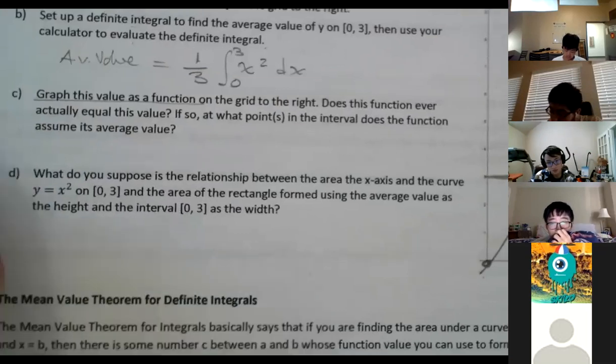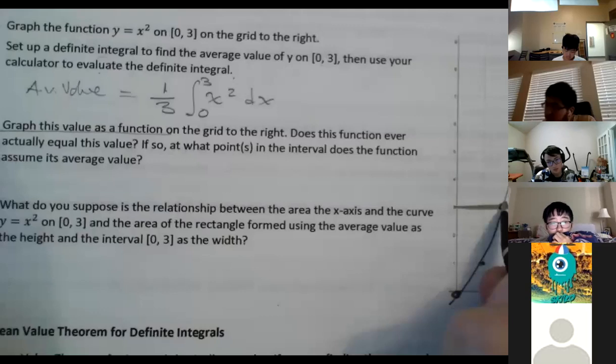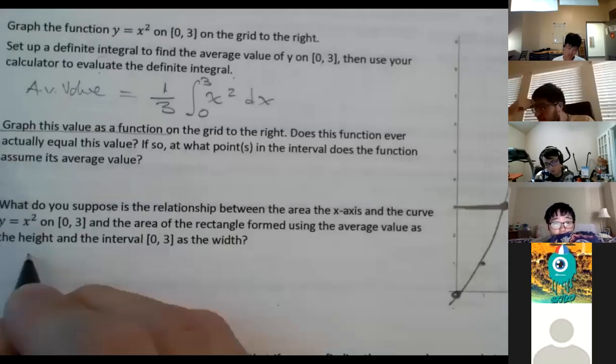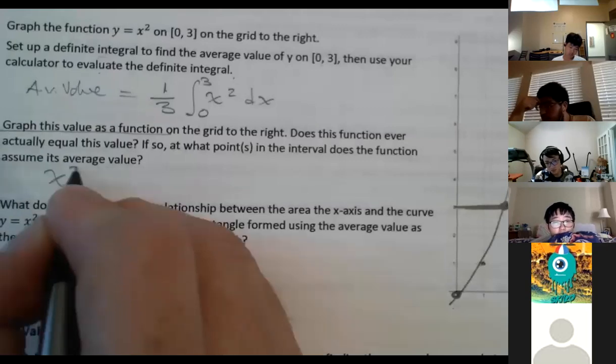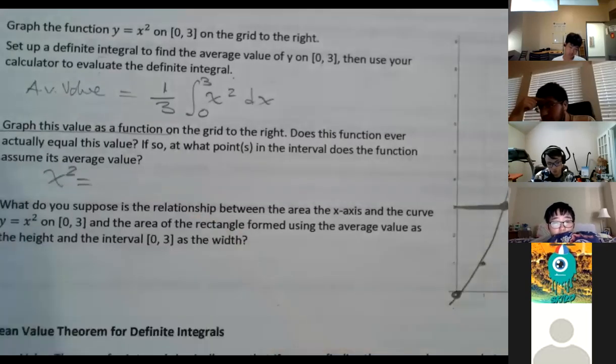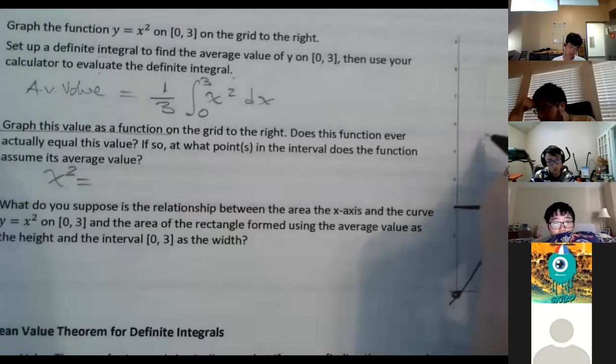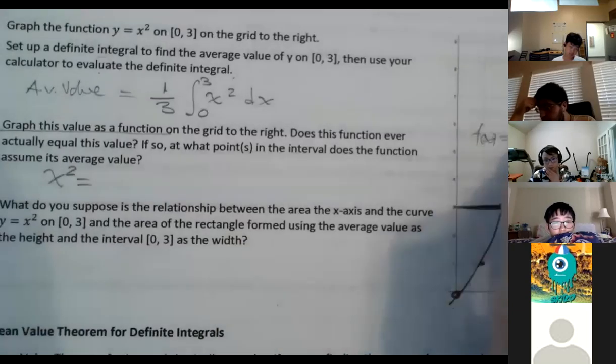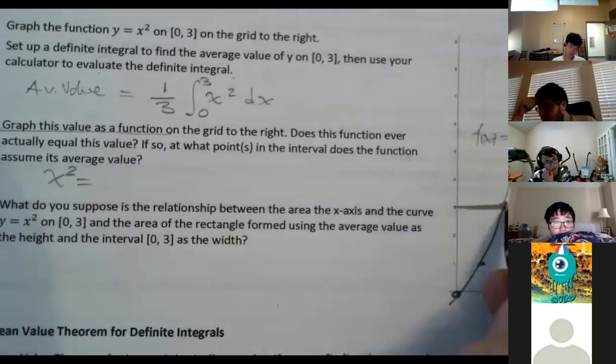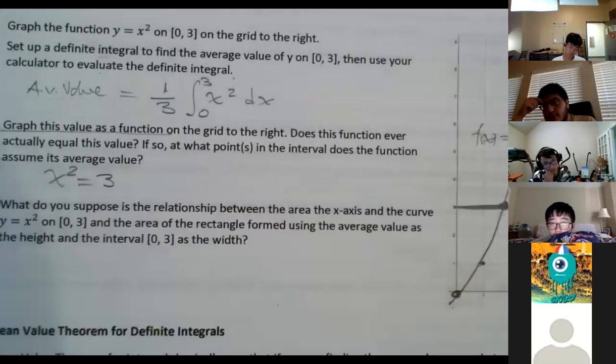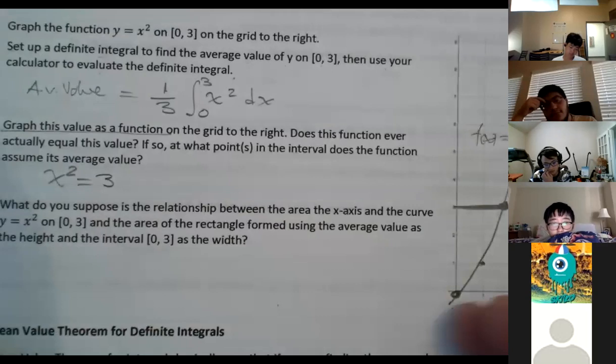So if we're looking at this intersection, what are we looking at? X squared equals what? Because x squared is the function, correct? Yeah. And this value is what? 3. So we're looking at this equation, x squared equals 3. And we're on the positive side.